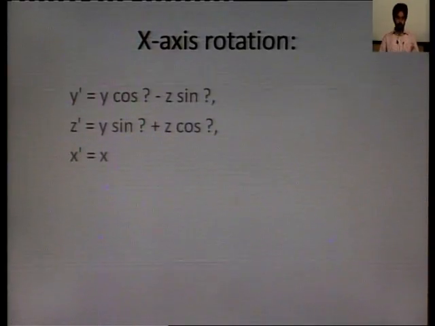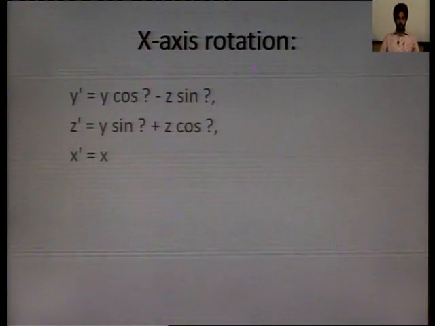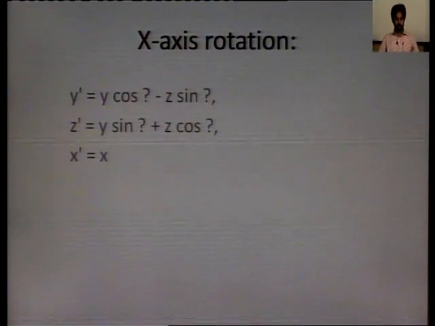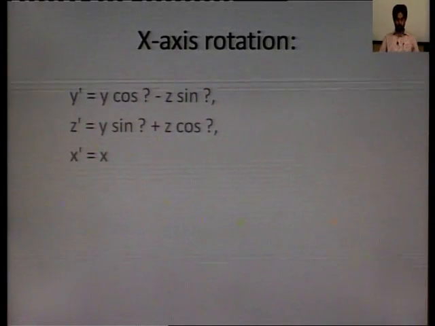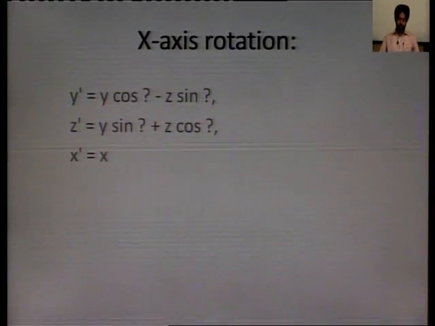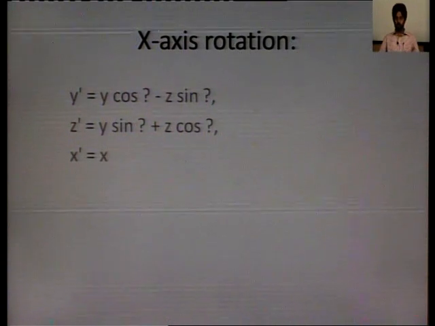So, x rotation: x dash equal to x, y dash equal to y cos theta, any symbol you can apply, minus z sin theta, and z dash equal to y sin theta plus z cos theta. So, from this you can find the rotation of 3D graphics by this formula also.